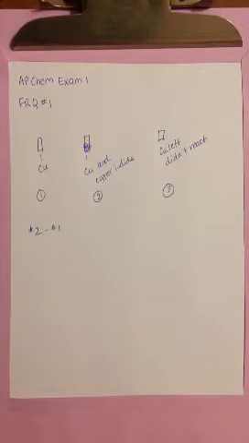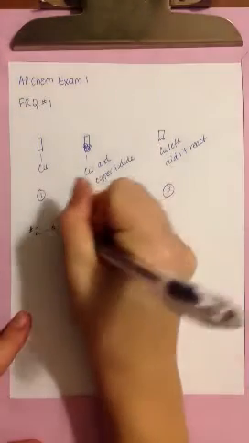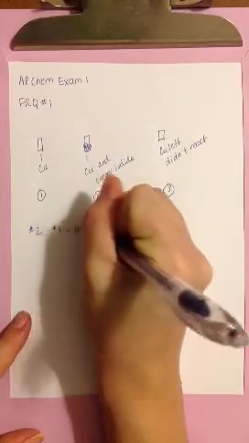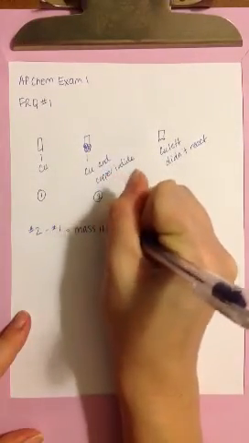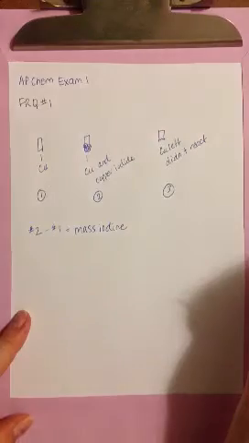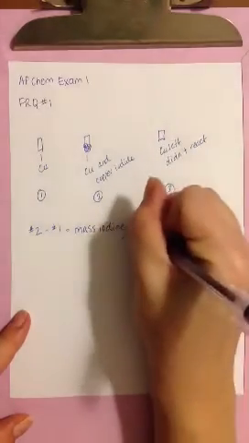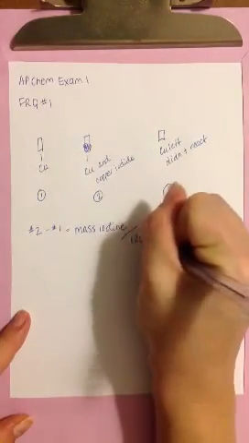Now, if I want to figure out moles of iodine, so this will give me mass of iodine. Moles, I would have to divide by the molar mass. So for iodine, that's 126.9.